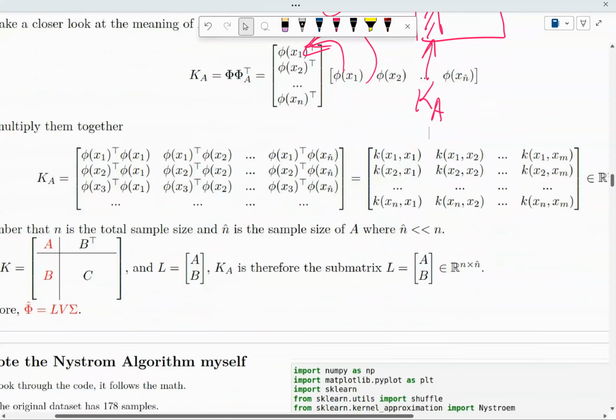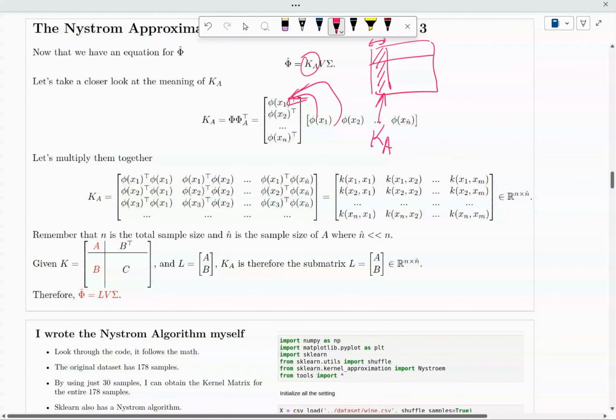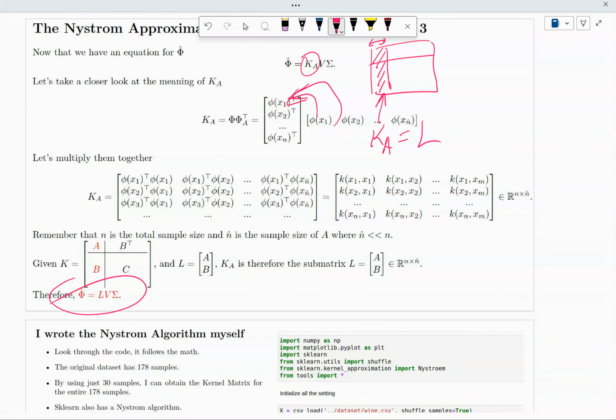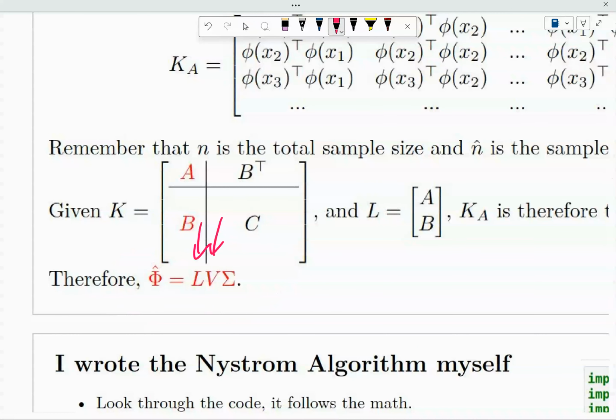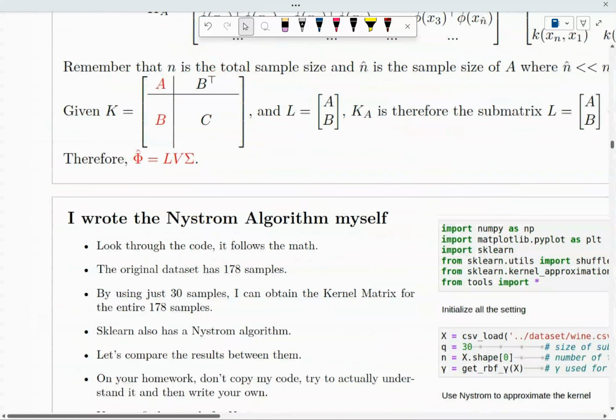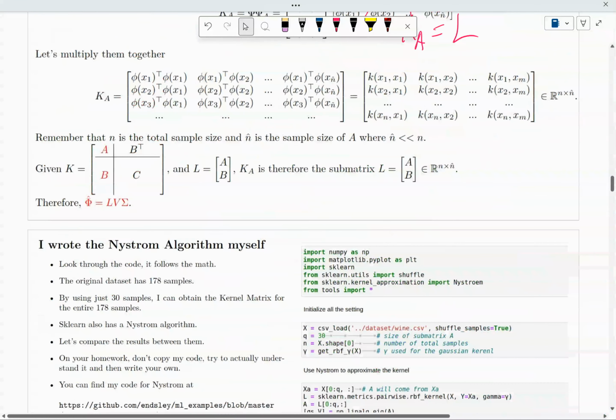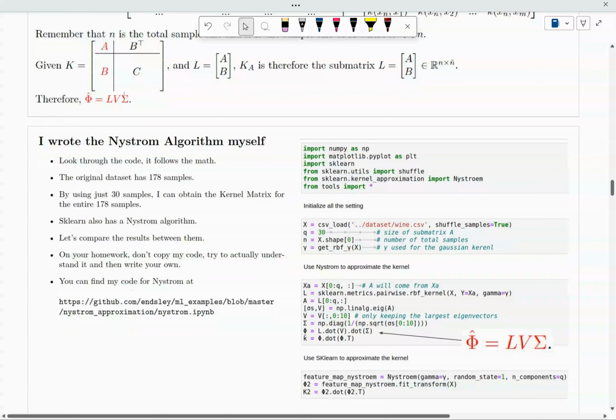In the normal Nystrom lecture, instead of Ka, they call this portion L, which is the same thing. So that's how we come to the conclusion. In most Nystrom literature, it's L times the eigenvectors of A and eigenvalues of A. So that is essentially the Nystrom algorithm to approximate the large kernel matrix.